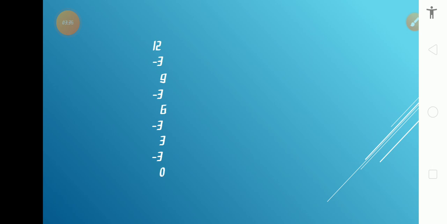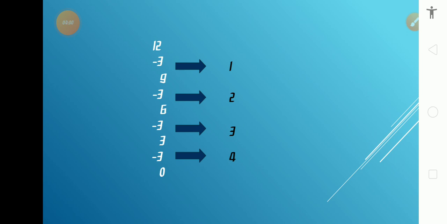So children, here you can easily find out that 3 is subtracted 1 time, 2 times, 3 and last 4. Okay, 3 is subtracted 4 times, right?